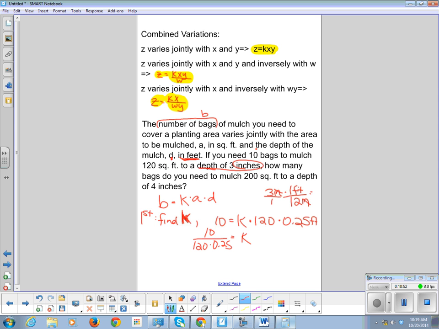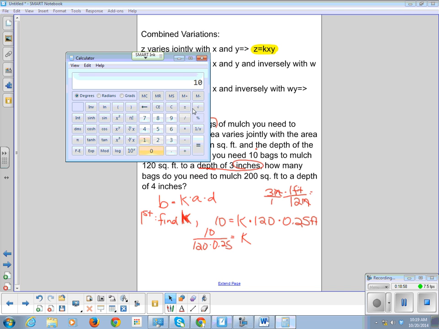All that is a calculator chug-a-lug. So I'm going to get my calculator out. 10 divided by 120 times 0.25, and I get 0.3 repeating. And in fact, I am going to convert that to a fraction because I don't want to write all those 3's down.